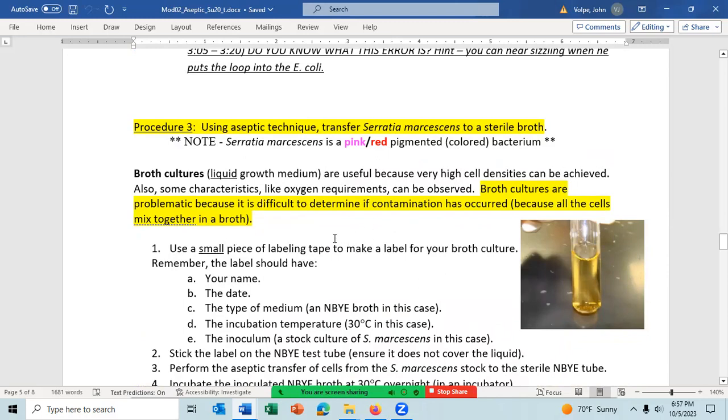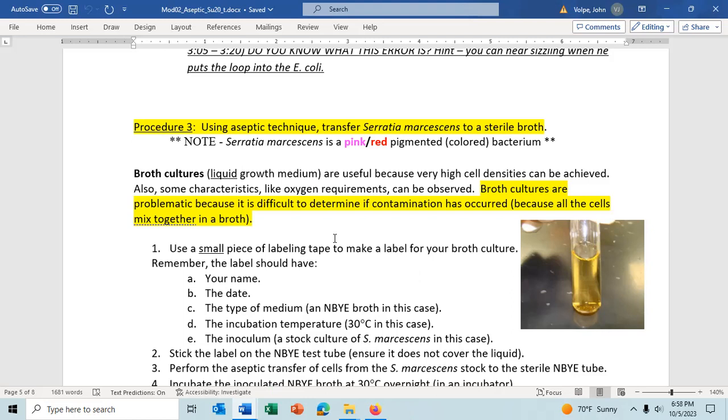You would be able to see if there was major contamination in the tube, meaning if more than 50% of the cells were the contaminant, the color of the tube would look inappropriate.